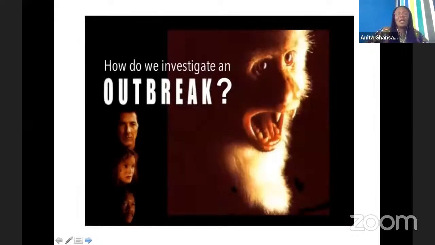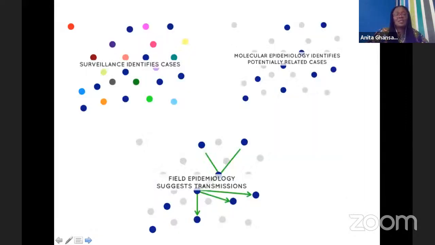Now, in case there's an outbreak, how do we investigate this outbreak? For instance, we are all aware of the SARS-CoV infection. How do we investigate such an outbreak? These are some of the questions of public health importance to us. We conduct surveillance to identify cases, people who are infected, and this can include molecular epidemiology and genotyping of the pathogens.